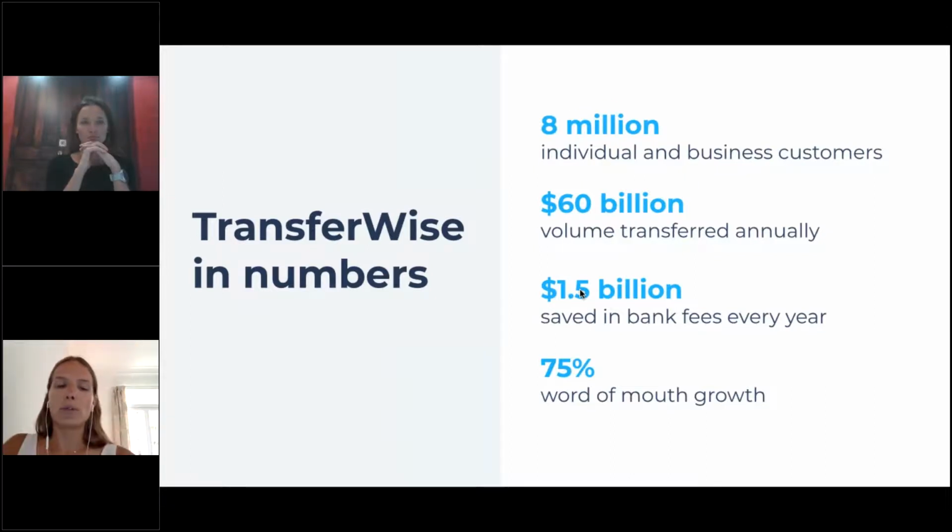By using Transferwise and not their bank, our customers every year altogether save $1.5 billion in banking fees. Most of our growth is word of mouth. A customer tries out our product, really likes it, and will recommend it to their friends and family. So it's a really self-sold product.